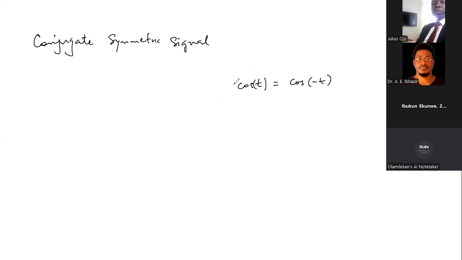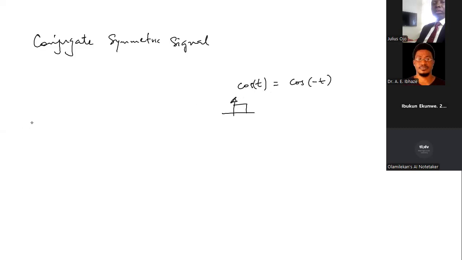Now if we have a signal, for instance, a very simple signal, and we perform time reversal on it, we are saying that it should be the same as the original signal.